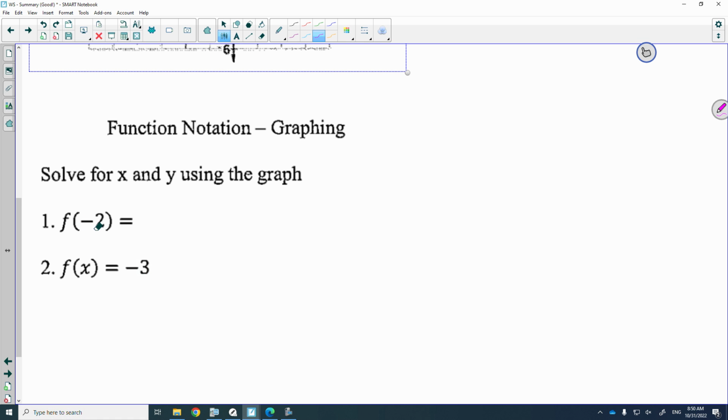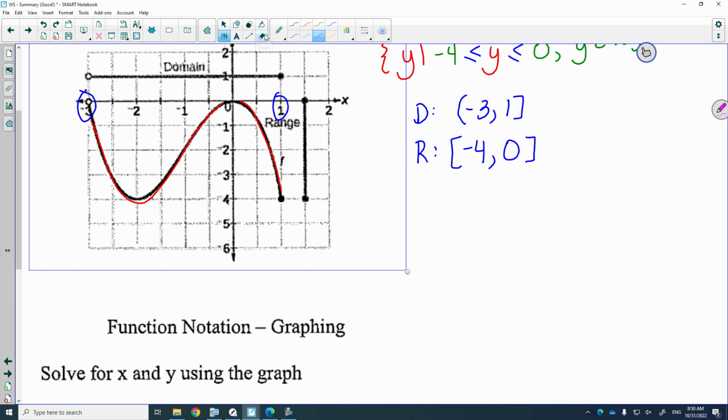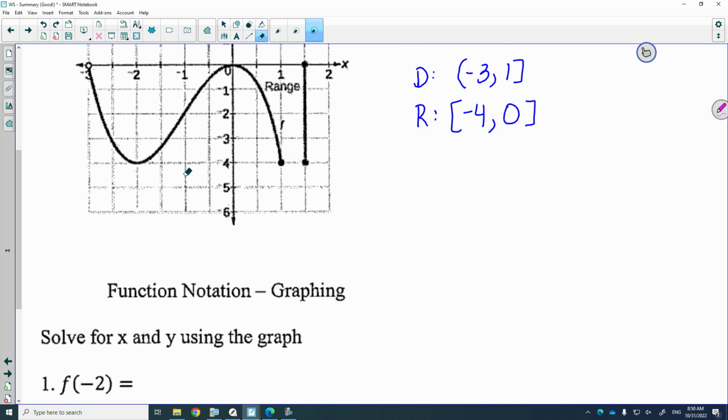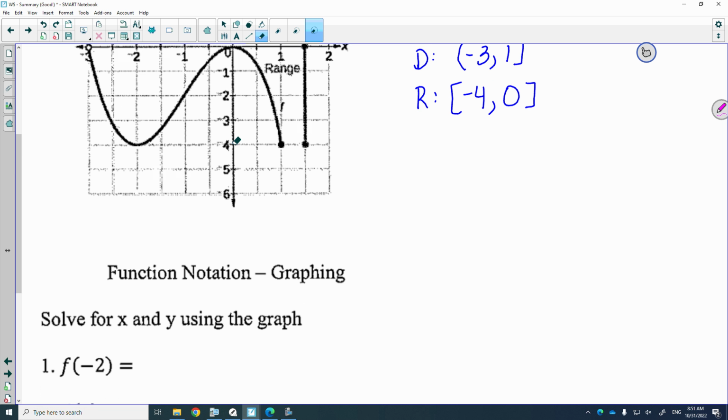So what is f of negative 2, and f of x equals negative 3? What would that be? Actually, it'd be more than two different answers. Yeah, it'd be 3.